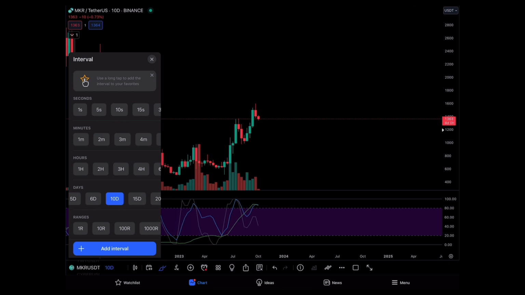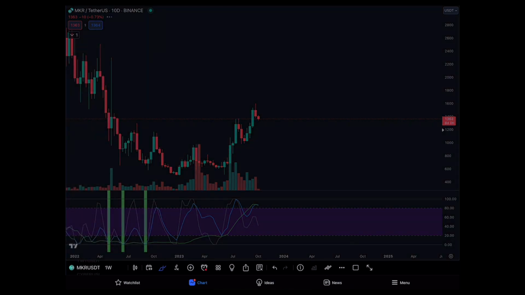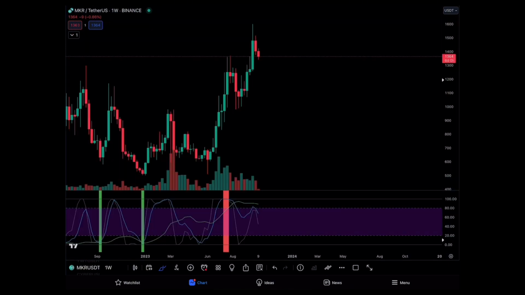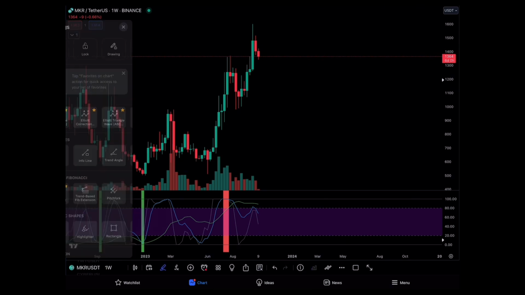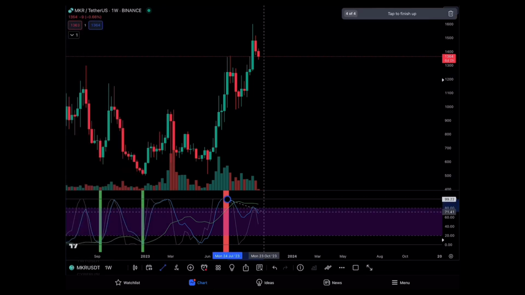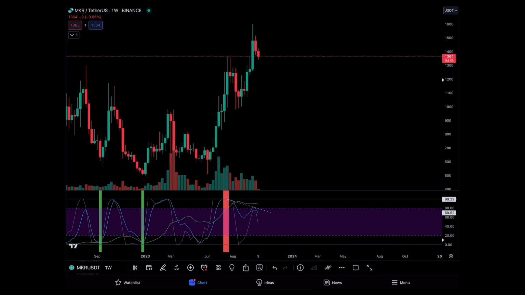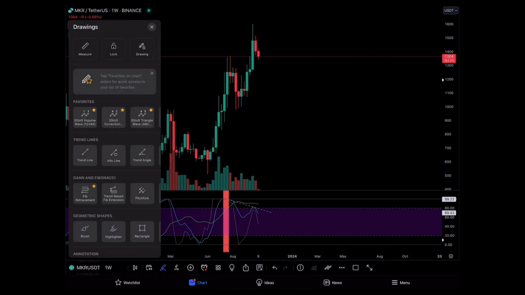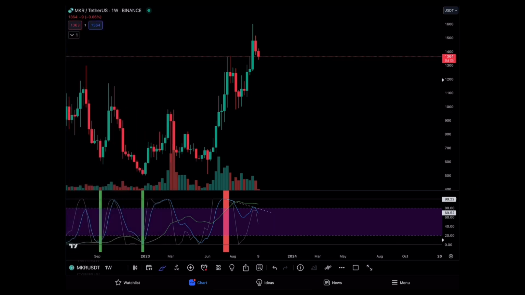If you go to the 1 week time frame, you could see something very interesting here, which was that there was a divergence, as the gray and the blue have formed a lower high while the price action has formed a higher high, like that.